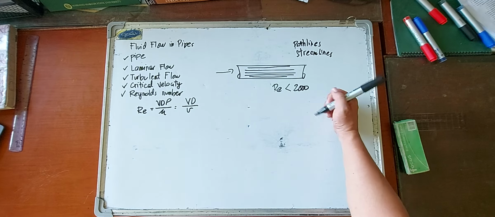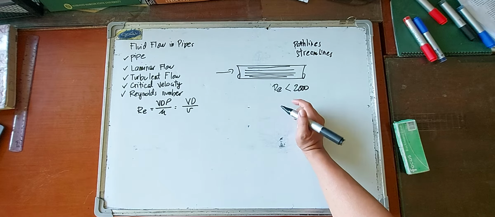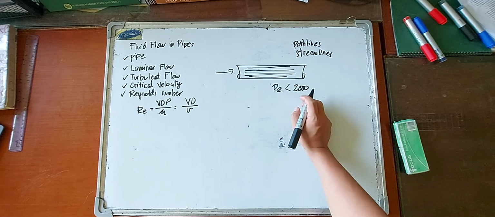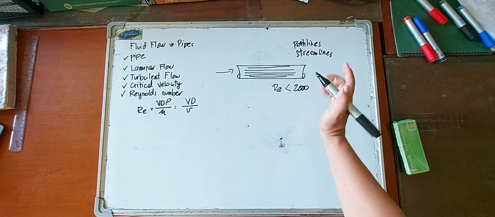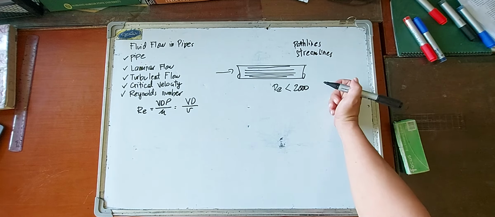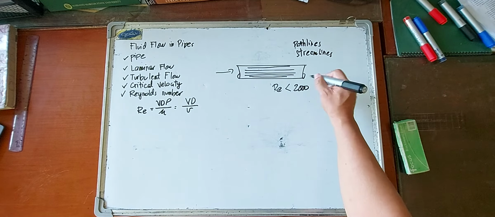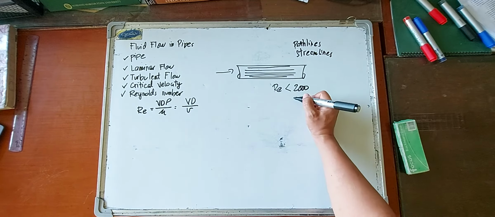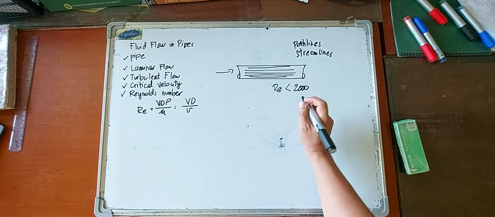Yung iba it's 2,100, yung iba naman ay 2,300. So iba-iba no. Bawat author ay iba-iba yung boundary na nilalagay. But in our class, in this subject, in our course, let's just agree that if it's less than 2,000 yung boundary natin between laminar and turbulent. So if less than 2,000 yung Reynolds number, that means the flow is laminar flow.